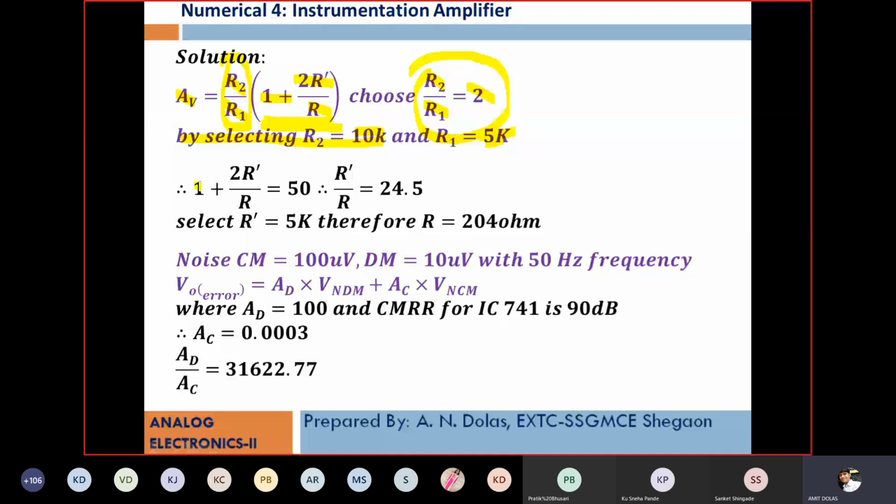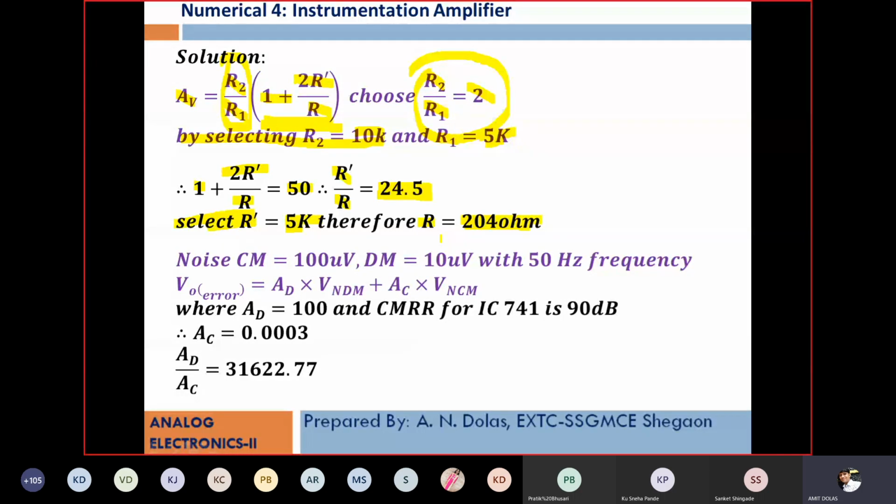Therefore 1 plus twice R dash upon R will be equal to 50. R dash by R will be equal to 24.5: 50 minus 1 is 49, and 49 divided by 2 is 24.5. Let's select R dash equal to say 5K. Therefore R will be 204 ohm only. By this way we can choose the values of R1, R2, R and R dash.